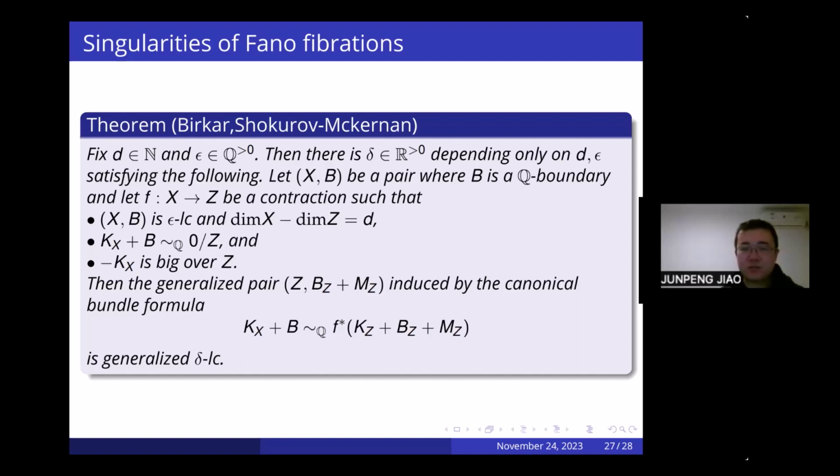Let (X, B) be a pair where B is a Q-boundary, and f: X to Z be a contraction such that the total space is epsilon-log canonical, relative dimension equal to p, K_X + B is relatively trivial over Z, and negative K_X is big over Z. Then the generalized pair induced by the canonical bundle formula is generalized delta-LC.